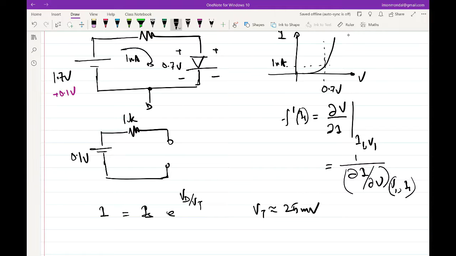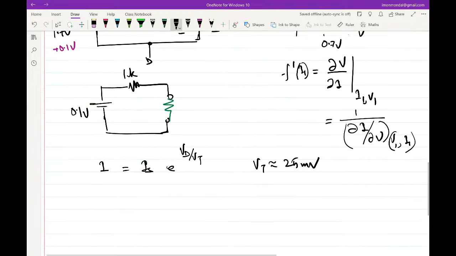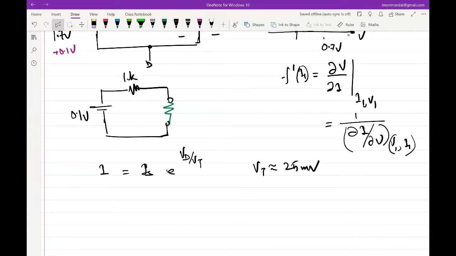So if that is the case, this guy should be replaced with a resistor. What will the value, or the expression, of the resistor be? Help me out. What should I do? Let me call this RD. So RD will be 1 over the derivative of this.